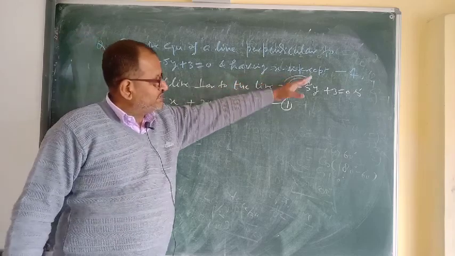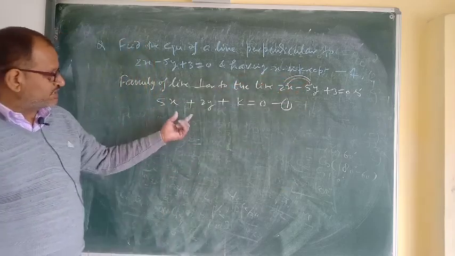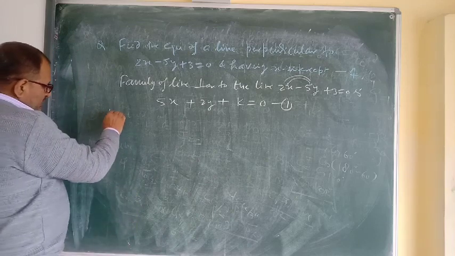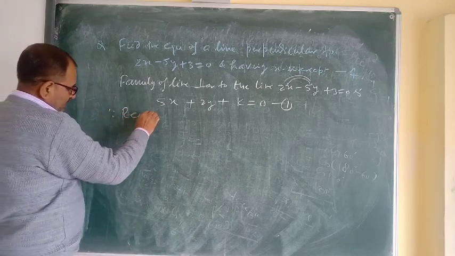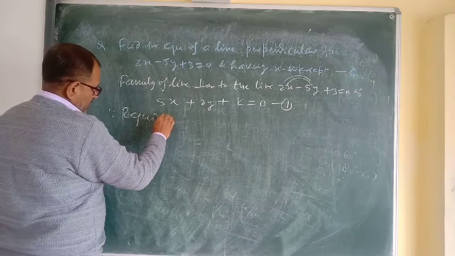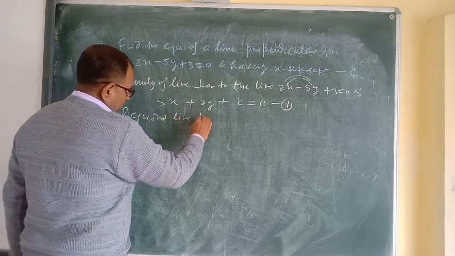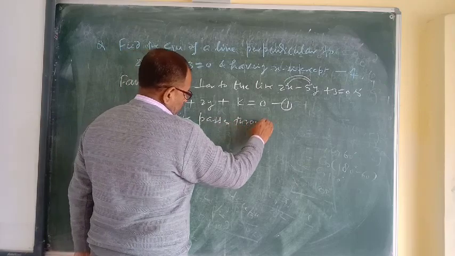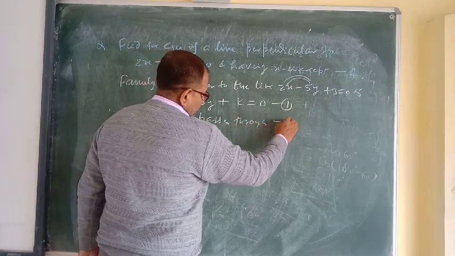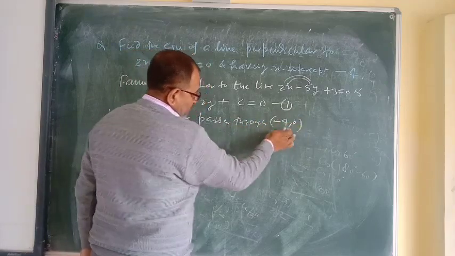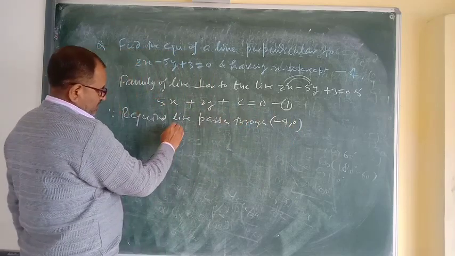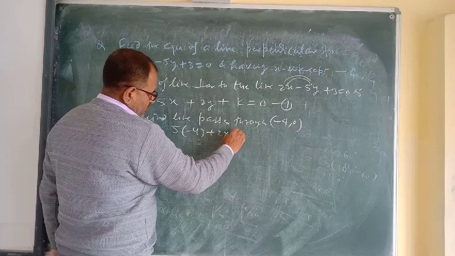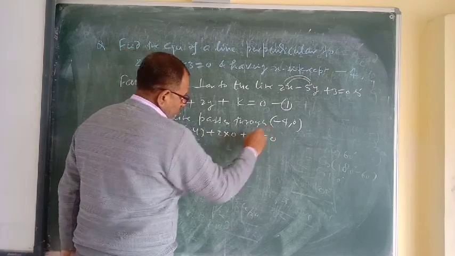And having x-intercept minus 4 means this line passes through minus 4, 0. Since the required line passes through minus 4, 0, it will satisfy this equation. So put 5 into minus 4 plus 2 into 0 plus k is equal to 0.